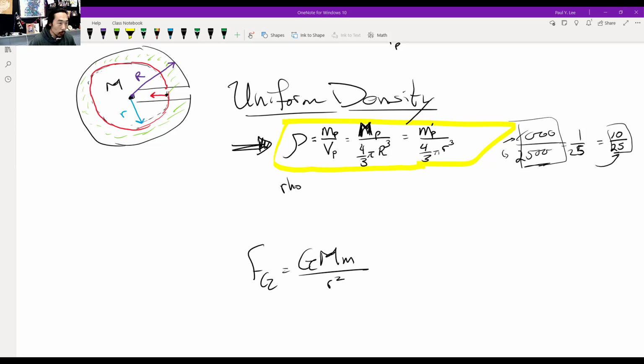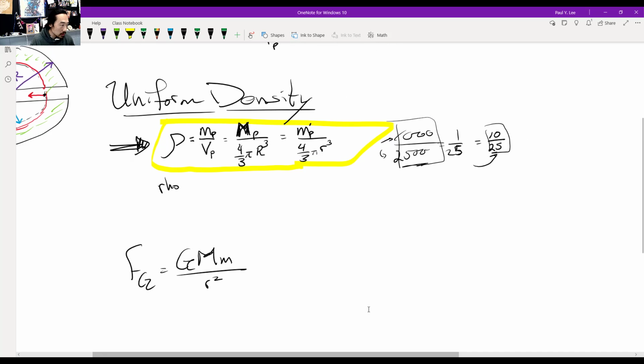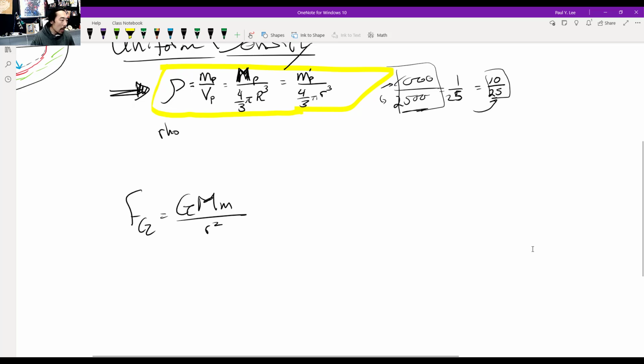Let's define what that substitution is going to look like. If we take a look at this formula here, we have two different m's, and the only m that's actually changing when we go from on the surface of the planet to inside the planet is this capital M right there, and that's where this ratio is going to come into play. Whatever I highlight there, we're going to try to substitute the appropriate variable.